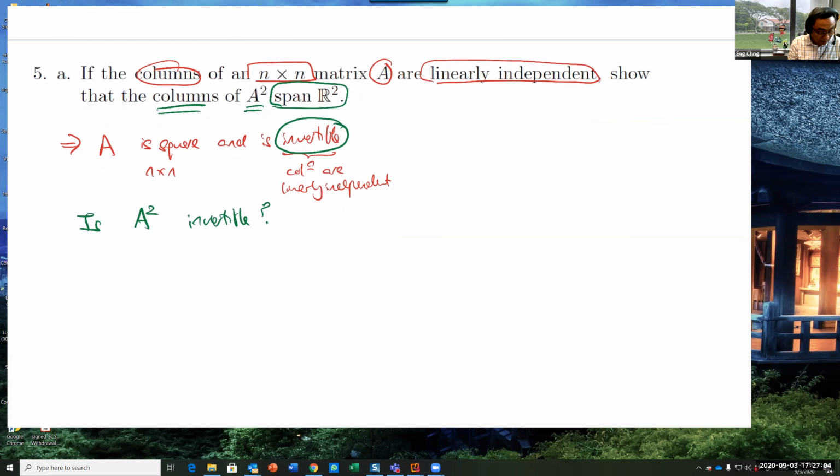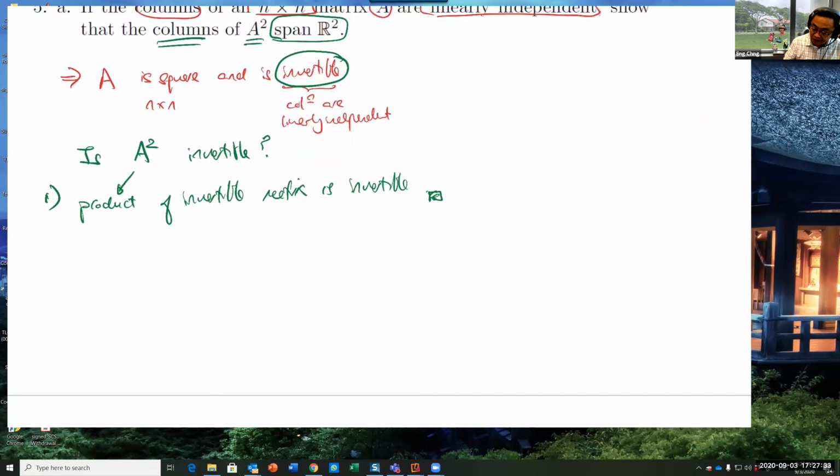Okay, so now how do I do it? If we already know the product of invertible matrices is invertible, then we will prove it. So this is one way. What about the other way?